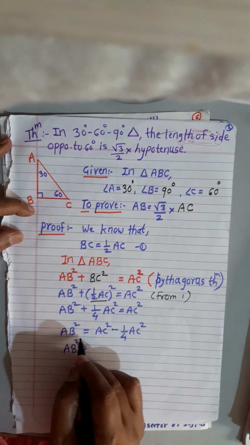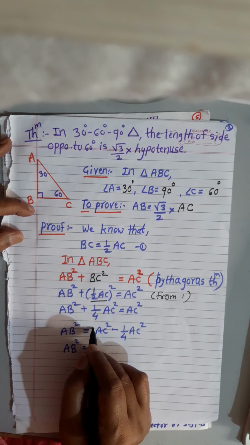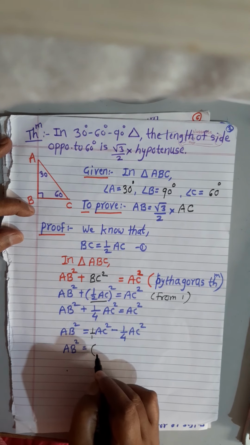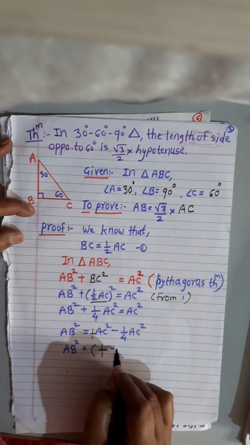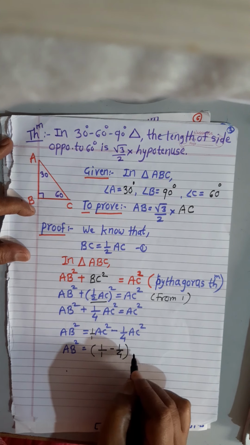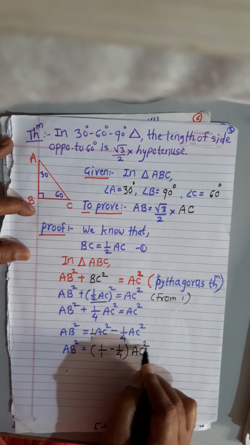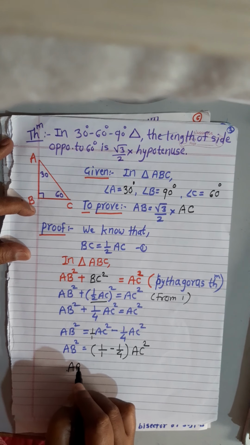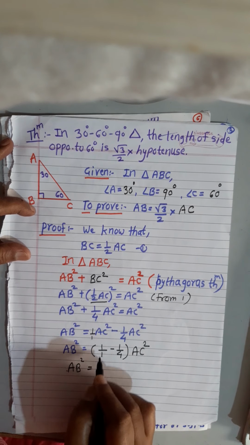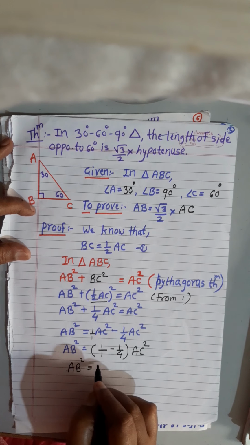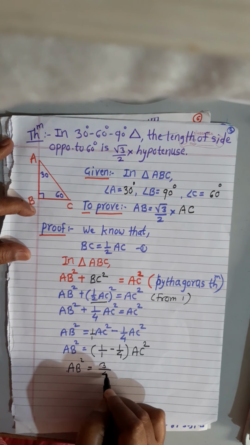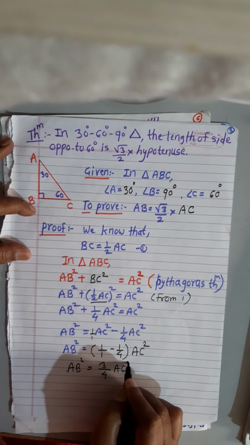Now it is AB square equals 1 minus 1 upon 4 into AC square. And therefore AB square equals, cross multiply, 4 minus 1, 3 upon 4 AC square.